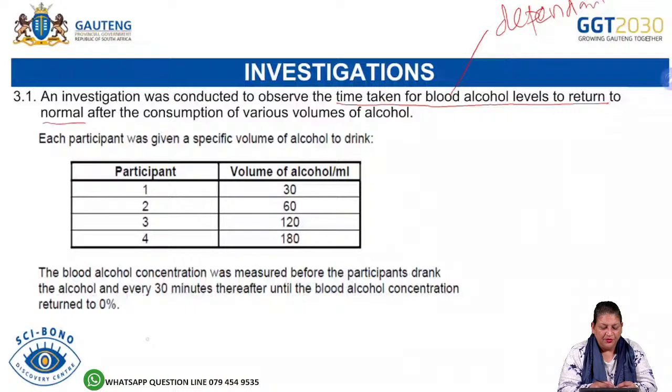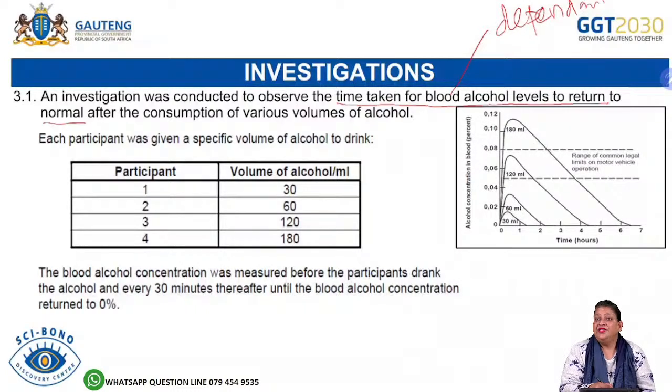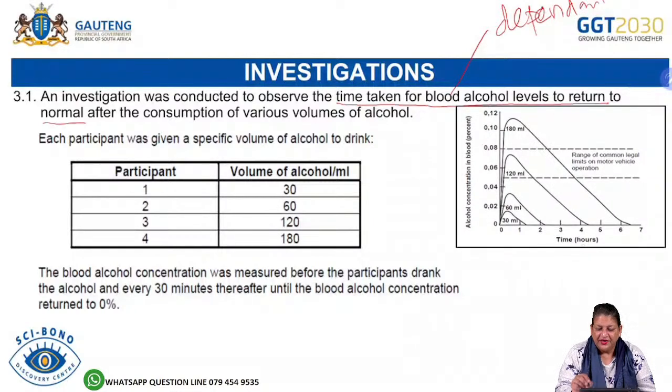Right now, they even gave a graph. So they gave you a reading, they gave you a table, and they actually gave a graph. And they put here, how long did it take for the alcohol levels to go back to normal in the blood? When it was 30 ml, it took about 1 hour, maybe 15 minutes to go back to normal.